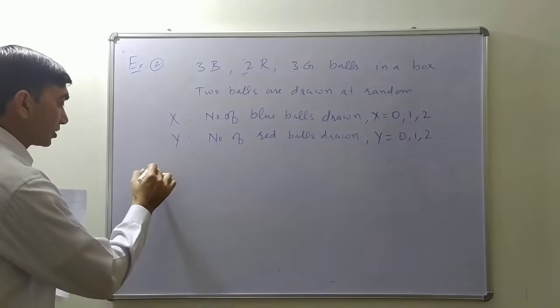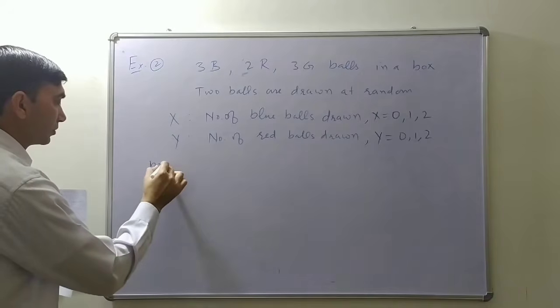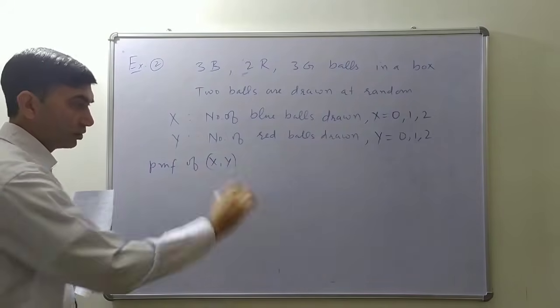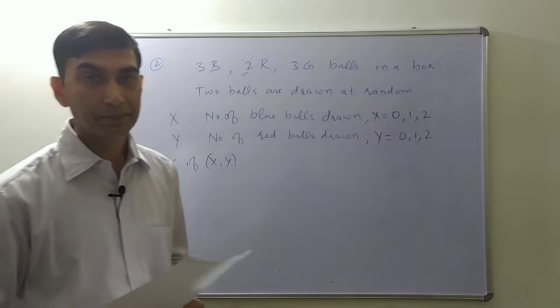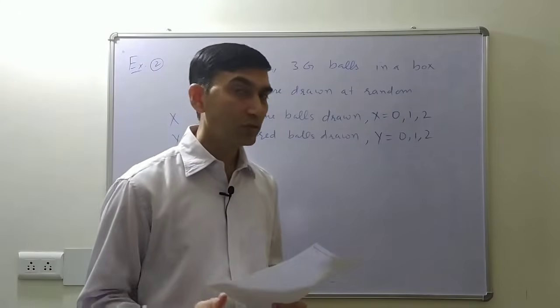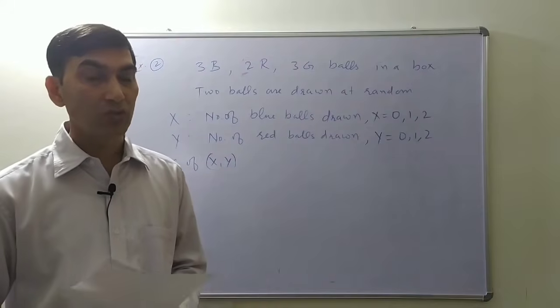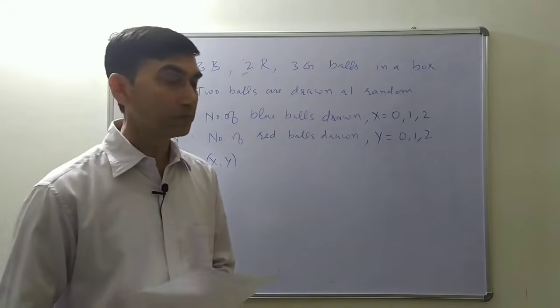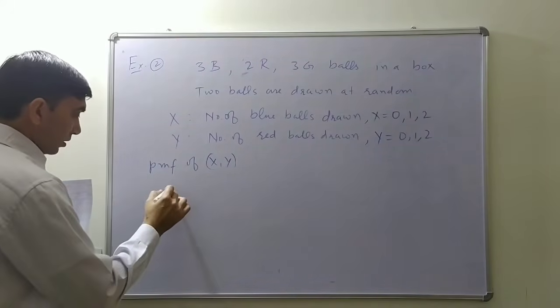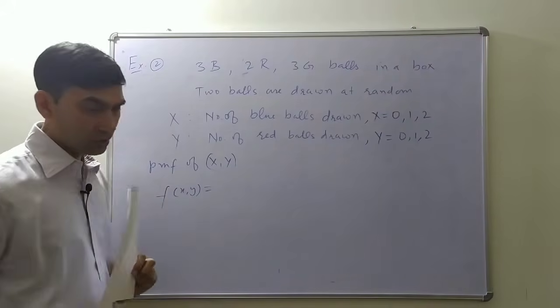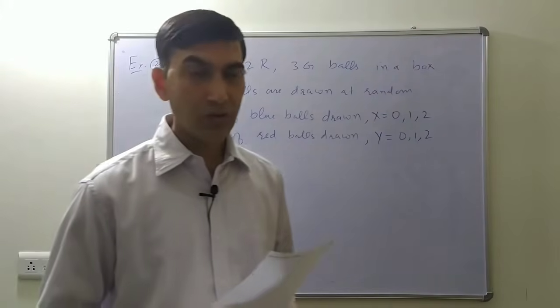Joint PMF of xy. Can you write it? It means you have to write probabilities fxy for each value of xy. In this case, you can write a compact formula for all the probabilities. See how.